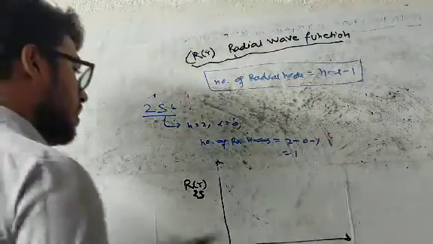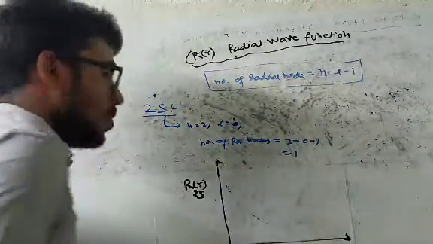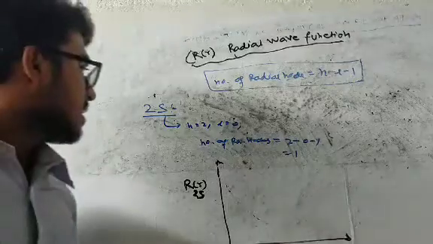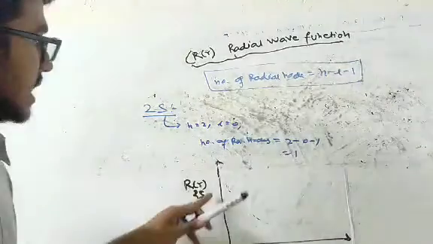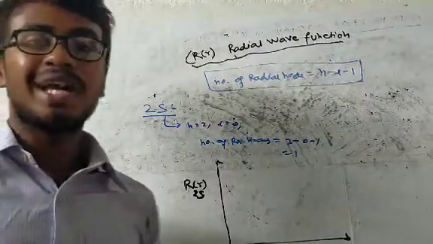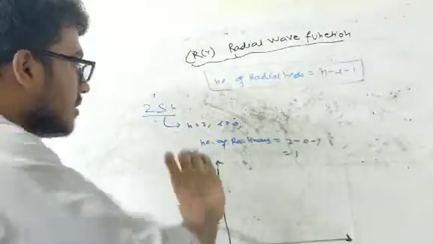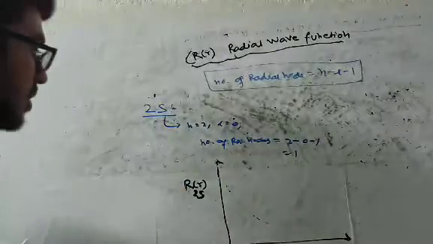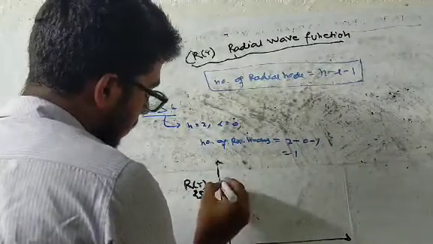In the case of an s orbital, the graph always starts from the y-axis, because in every radial wave function there is an exponential part. So let's say the graph is starting from this point.